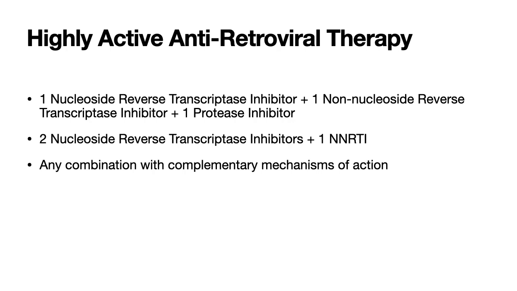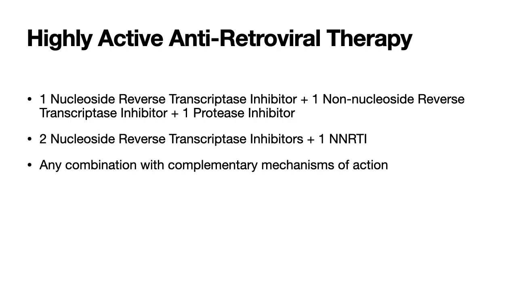So the principle here is to utilize agents with different mechanisms of action. And if the resistance patterns for that patient is very severe and very hard to treat, we can utilize as much as 7 or 8 agents, each targeting different phases of the HIV replication cycle and each differing in mechanism of action.